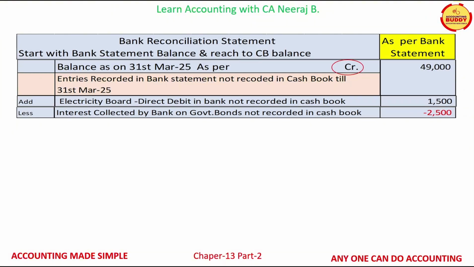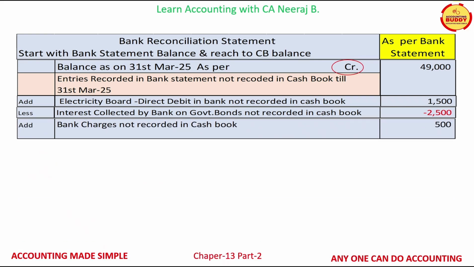Therefore, this amount will be deducted from the bank book balance. Bank charges amounting to $500 are debited by the bank and therefore the balance as per bank statement is reduced by $500. However, since this transaction is not recorded in the cash book till 31st March 25, the cash book balance is not reduced by $500. Therefore, this amount will be added to the bank book balance.